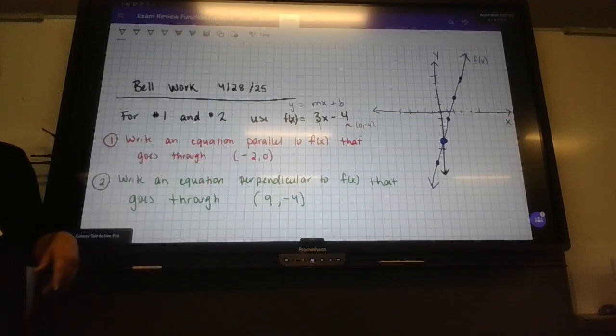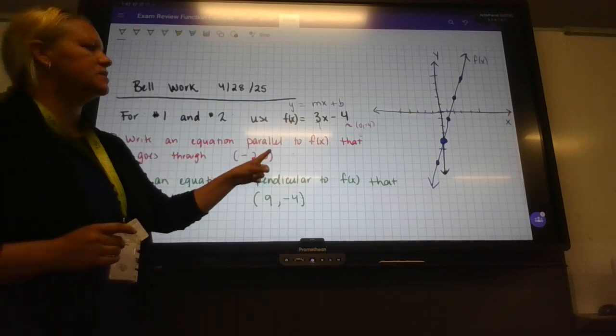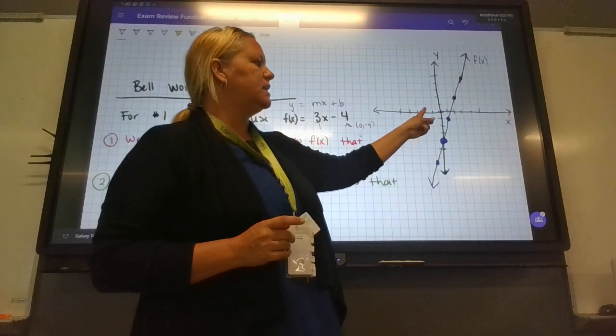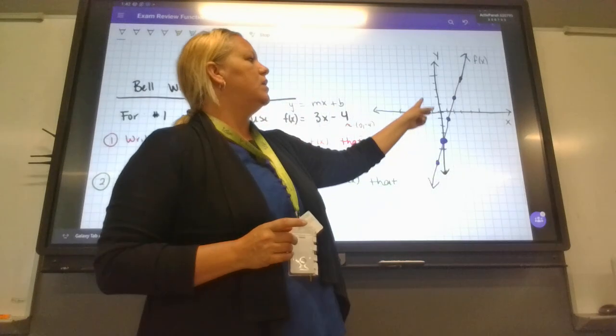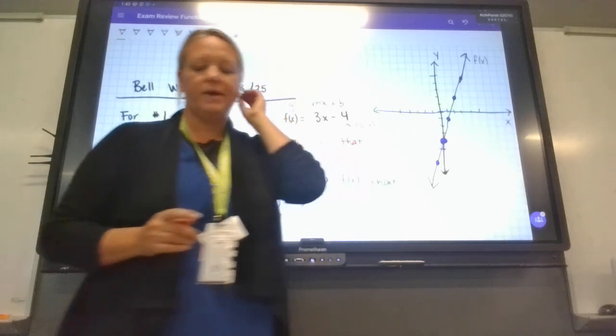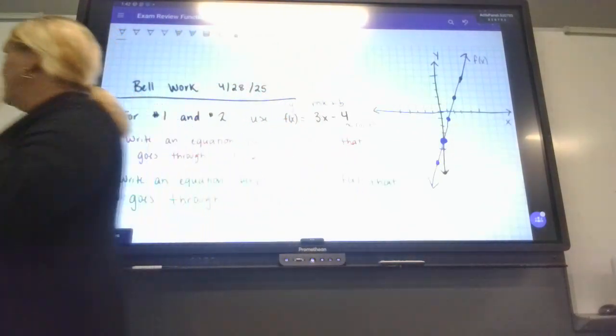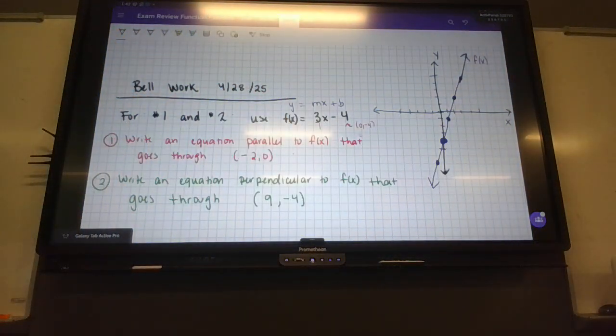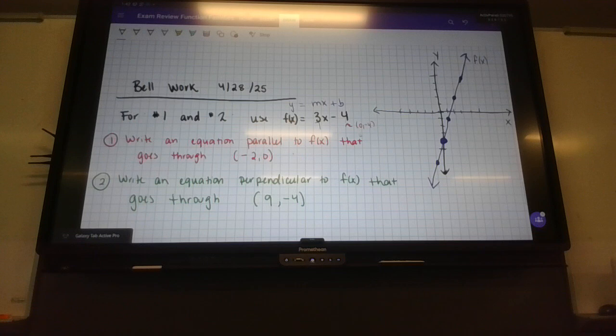Oh, no, this is an x and a y. I could start here at -2, 0, and go up 3, right 1, up 3, right 1, starting at that ordered pair. I'm going to do the math way, but I really want to emphasize there's so much problem solving that can be done with a graph.